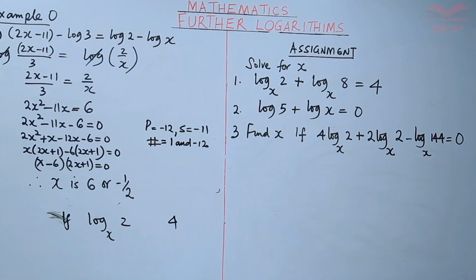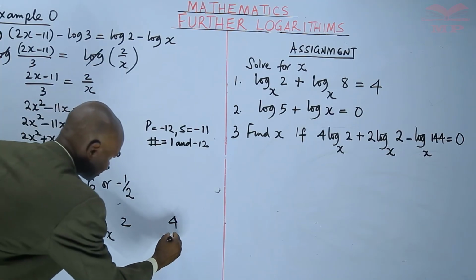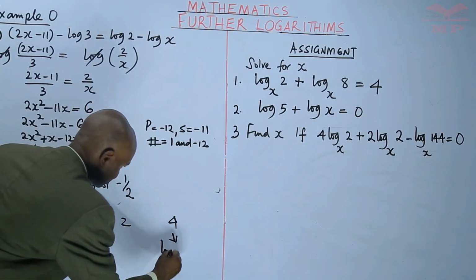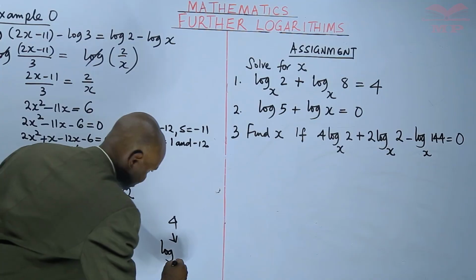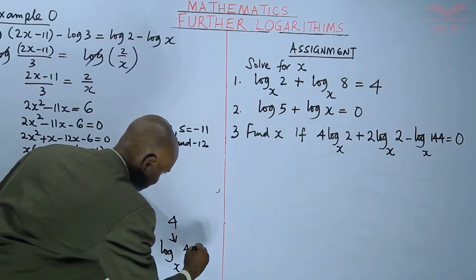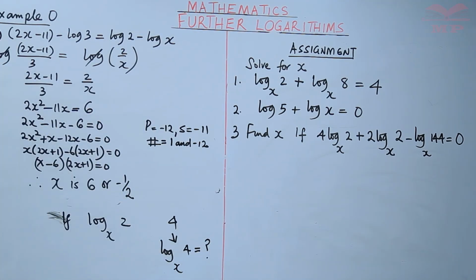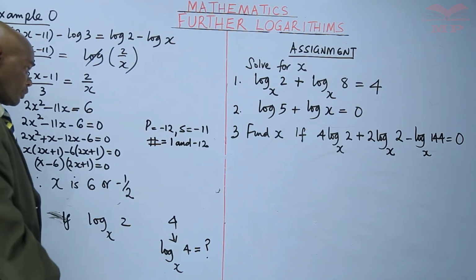It would mean for this log base x of 4 should give you 2.